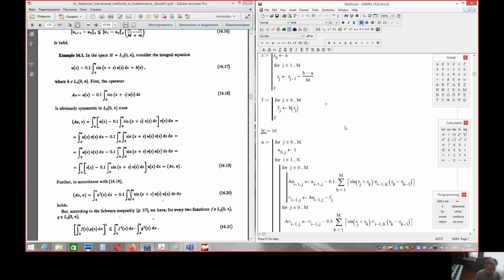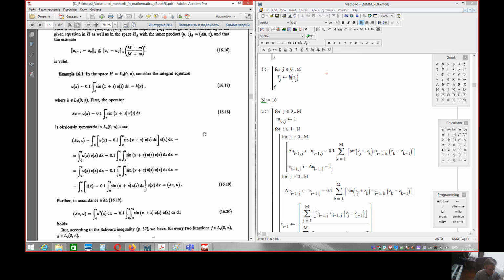And let's put the number of approximations in the method of steepest descent equal to 10, and even 11 as we start with 0.